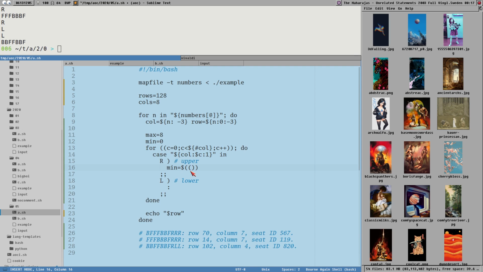Yeah. Min is equal to... do we take max divided by 2? Right now it works, but I'm not sure. I have actually never done this binary partition thing. I've seen some tutorial or something, but I never coded this.